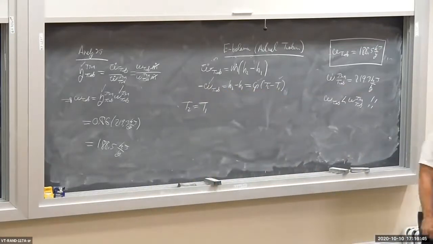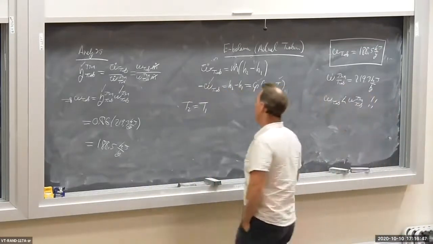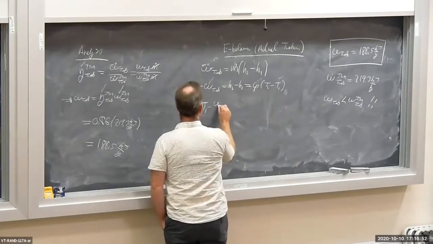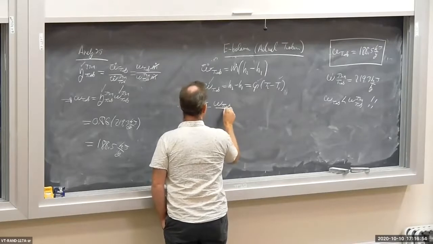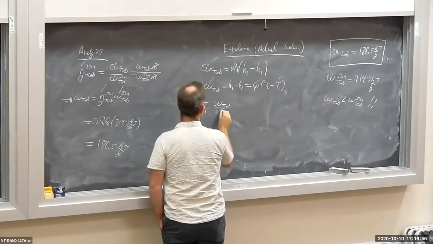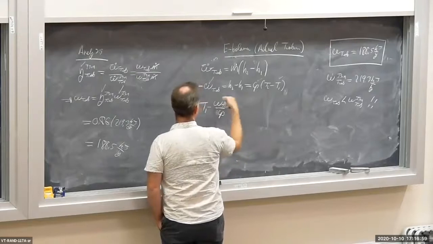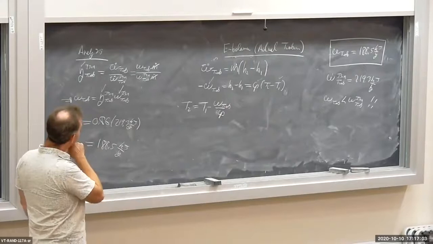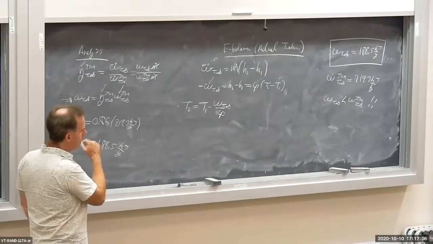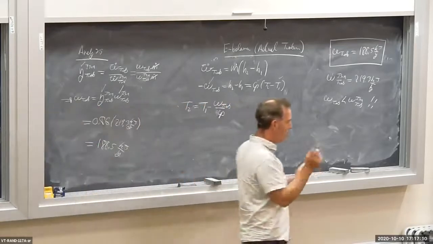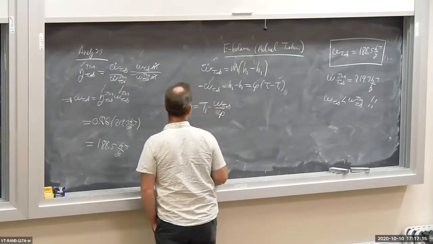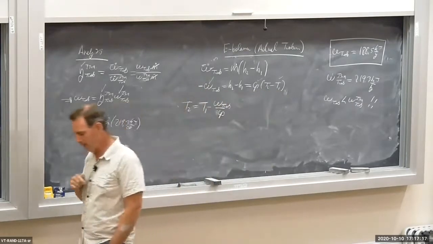Forgot the negative sign from the first law. Sorry about that. So I get T2 is equal to T1 minus W turbine over CP. Divide both sides by CP, take the T1 over to the left-hand side of the equation and flip the equation. And I get T2 is equal to T1 minus W dot turbine over CP. Okay?